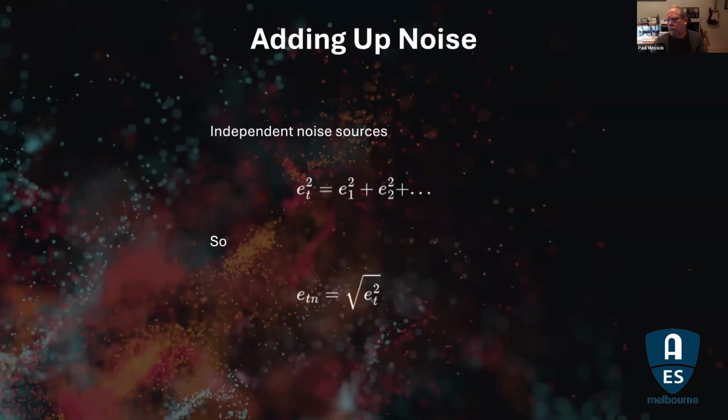If they're different noise sources, then they're independent. If they have some characteristic where they're in some ways synchronous, then the math doesn't work out this way. It's slightly different. But for all the noises we're going to talk about, they're always independent. So you add them up, you take the square root, and there's your overall noise.